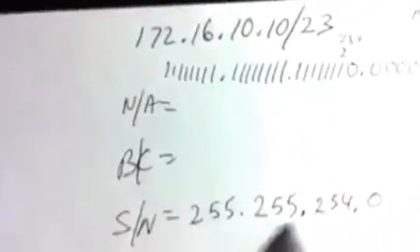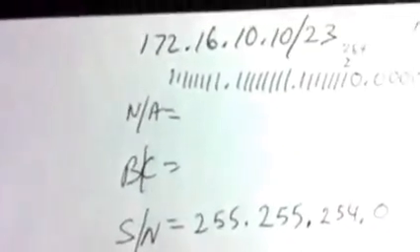Of course, it would be anywhere on here. This would stand true. It would be 128, 192, 224, 240, 248, 252, and 254, and this would be 255. But we stopped here, so it's 254.